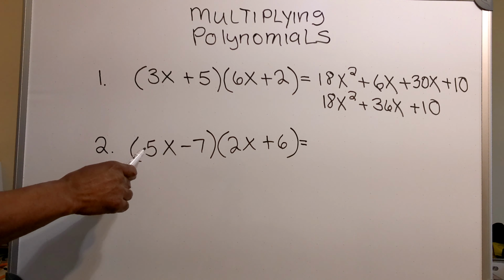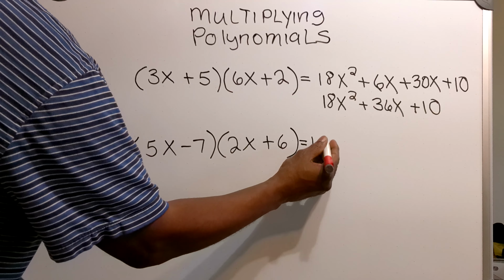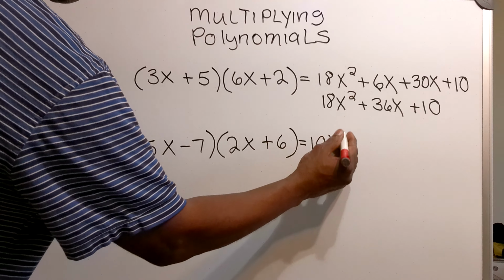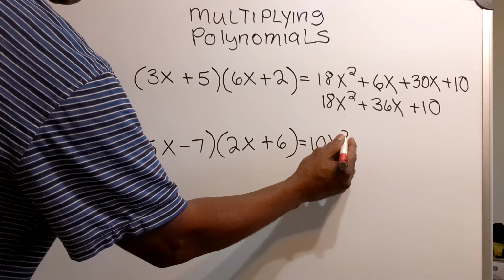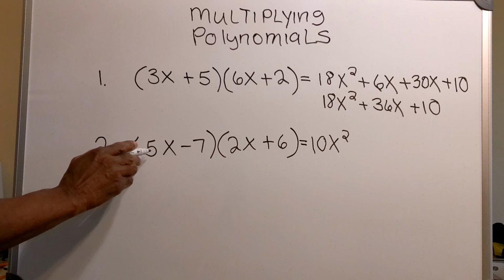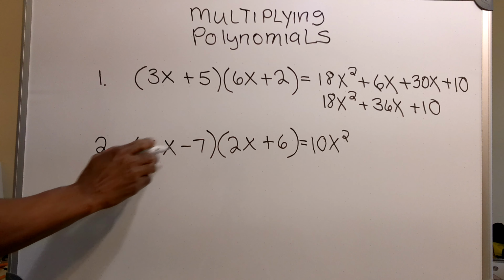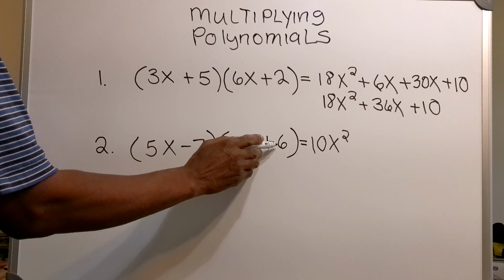I'm going to go 5x times 2x. That gives you 10x squared. Then I'm going to go 5x times 6.